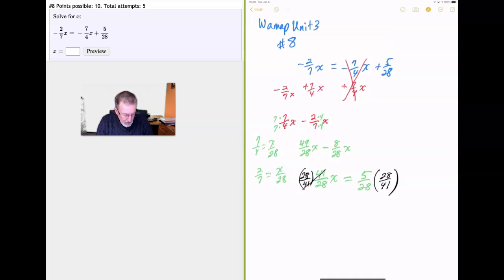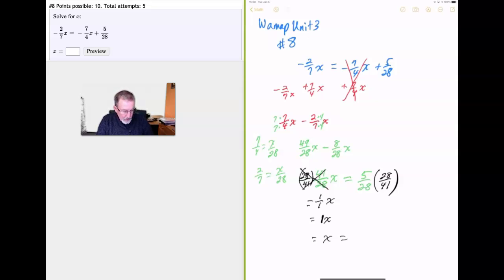These two will cancel out, and these two will cancel out, leaving 1/1 times x, which is equal to 1x, which we normally just write x. And that's going to be equal to this fraction times the same number, because they were equal before. They'll still be equal if we multiply them by the same thing.